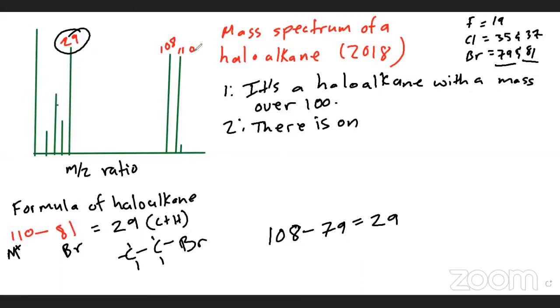Question, if we say this is the molecular ion, is the 108 a fragment? Fragment means when the molecule actually breaks up. No, sir. So the only fragment is the 29.